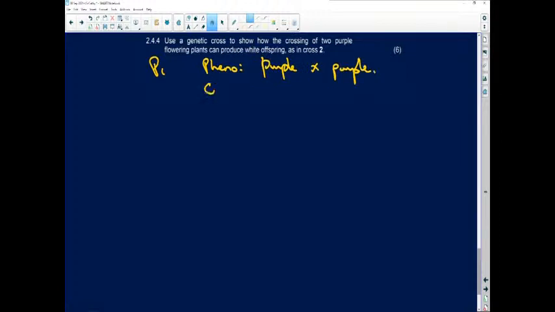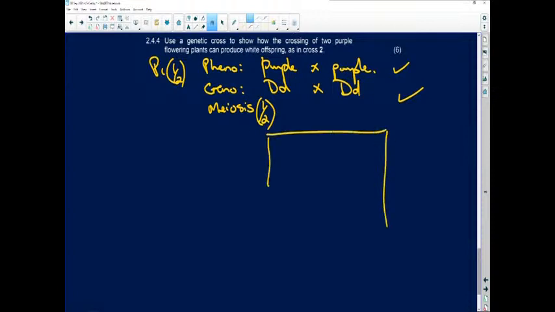The genotype is going to be capital D lowercase d times capital D lowercase d. Then we have meiosis occurs. So that's 1 mark, that's 1 mark. This is a half a mark. This is a half a mark. Okay, so what do we have?